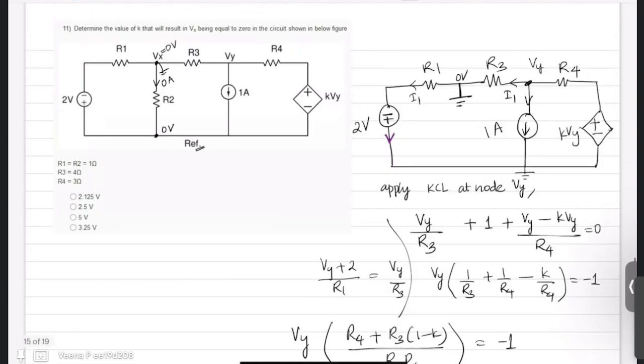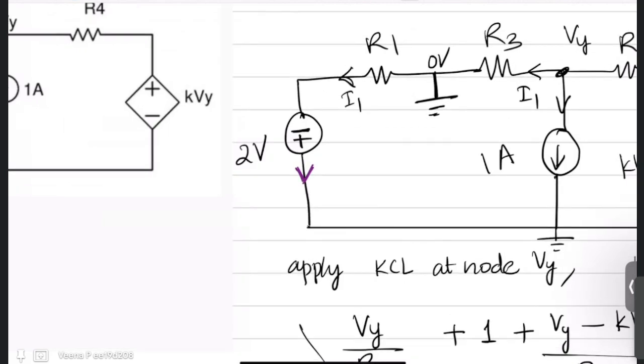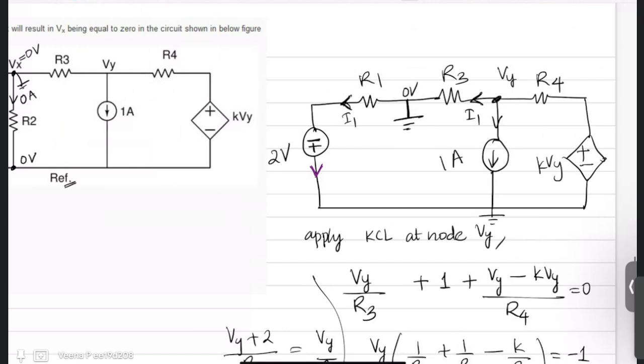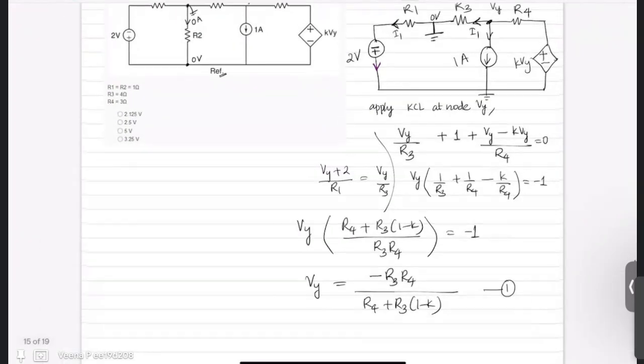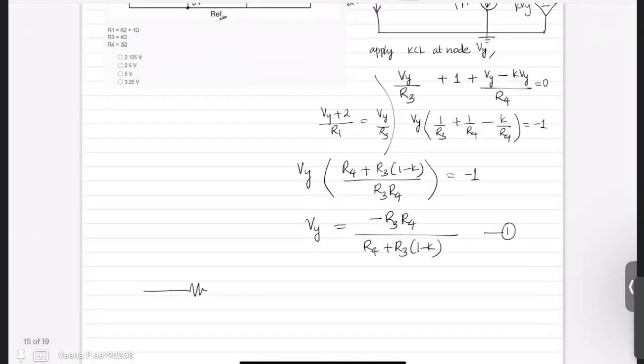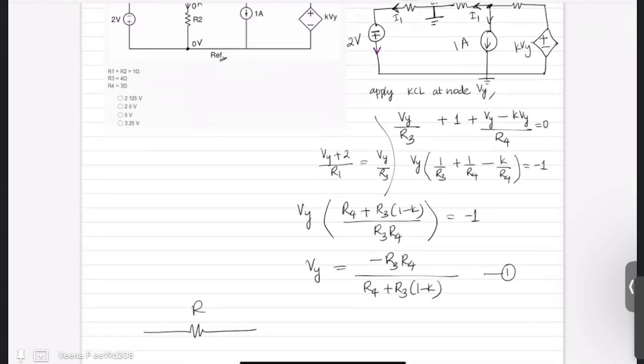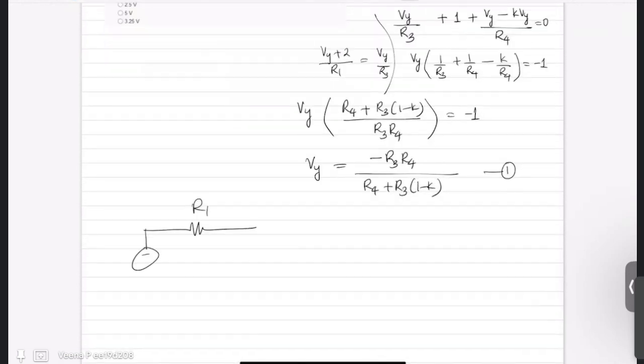Now you take I1. What is I1? As I explained before, I1 is this current, which is same as this current. So across this 2 ohm or R1, there is a voltage source, minus plus 2 volt. This is grounded. This is also 0 volts.